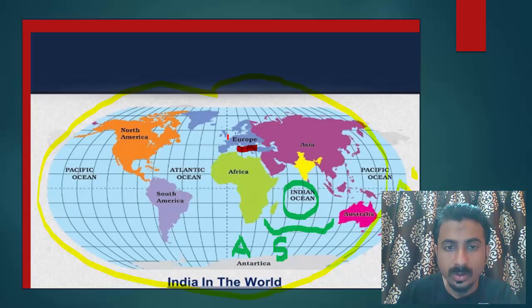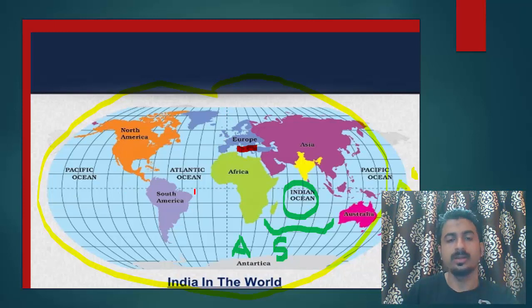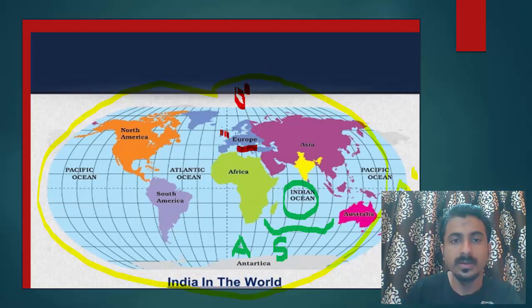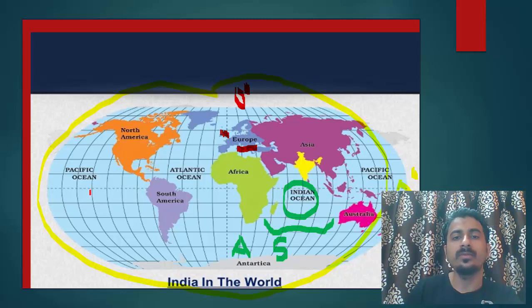Now this dotted line is equator. This is latitude, and this 0 degree is longitude, and this is GMT. You must have heard it. And where is England? This I will color it. This small part is United Kingdom, and there we have London. So this line passes through London, and it is 0 degree, which means GMT.